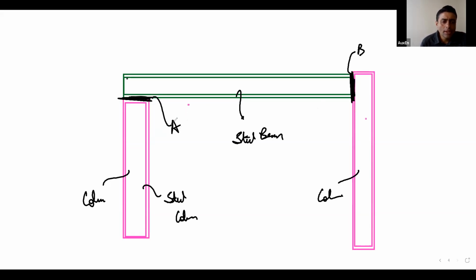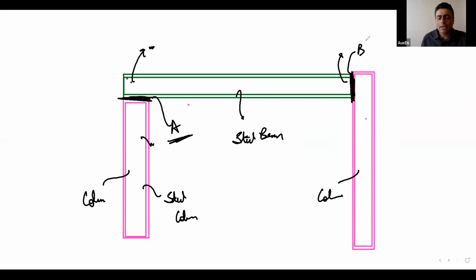So this is what I mean. The member forces may remain the same. Same member forces over here, same member forces over here, same member force to be transferred in the column also. But because of my project requirement, my installation, erection and fabrication requirement, there can be these two possibilities.